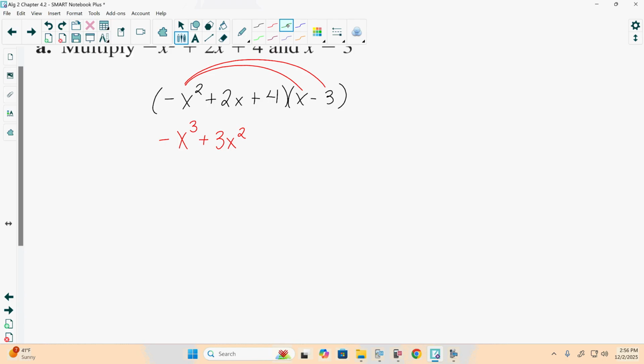So we've multiplied through, or distributed, all of our possible outcomes with negative x squared. Now we're going to repeat the process with 2x. 2x times x is going to be plus 2x squared. 2x times negative 3, 2 times negative 3 would be negative 6x.